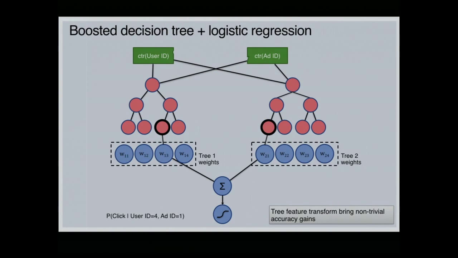So Joaquin has a paper on this that I can refer anyone to who's interested in it further, but I'll focus more on the econ side of this. The takeaway from Joaquin was they really didn't have any theoretical basis for coming up with this model of boosted decision trees and then running a logistic regression on top of that.